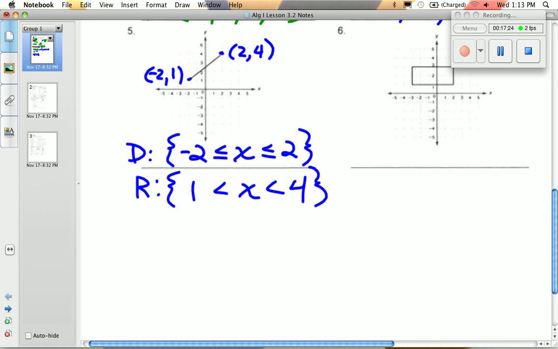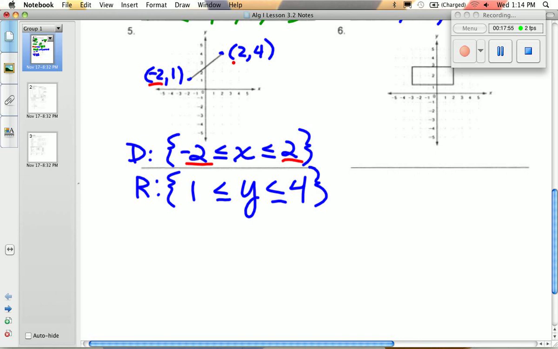Kenzie, what's up? It should be less than or equal to. Oh, we gotta have the equal to there because 1 and 4 should be included. Okay, what else? Nikki? X should be y. The range is made up of y values, and you'll make that mistake easily. Yeah, that range has to be made up of y values. So did everybody see how we get, first of all, these numbers?